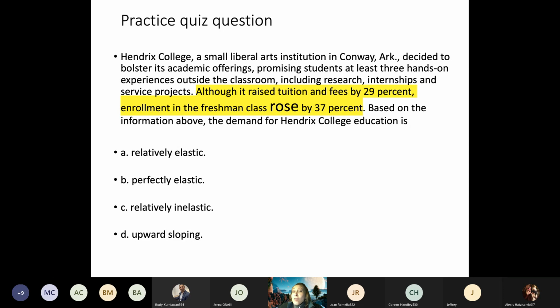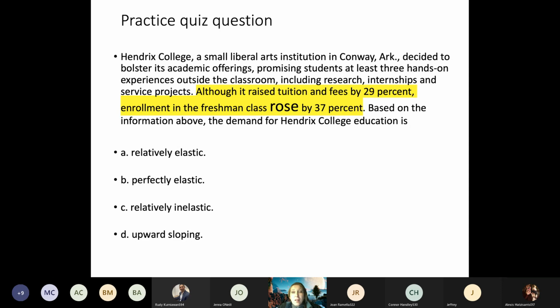And even though tuition was raised by 29%, enrollment of the freshman class rose by 37%. Based on this information, what can we conclude about the elasticity of demand for tuition, for college education, for this specific college education?